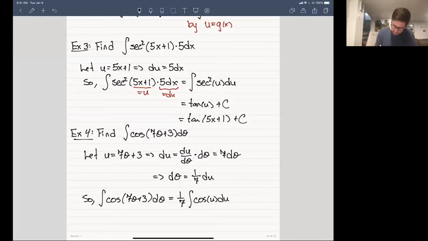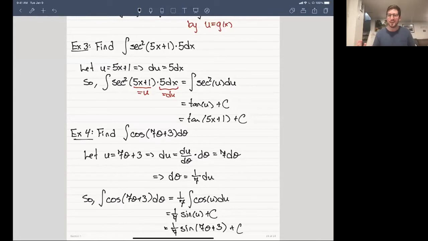Well, in that case, it's just sine. So I get 1 over 7 sine of u plus c. And then finally, nobody asked me about u. They asked me about x, or they asked me about theta in this case. Let me put it all in terms of theta. So I get 1 over 7 sine of 7 theta plus 3. And then never forget the plus c on the end.